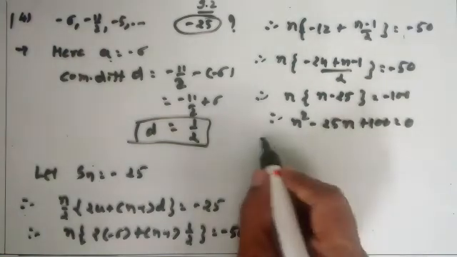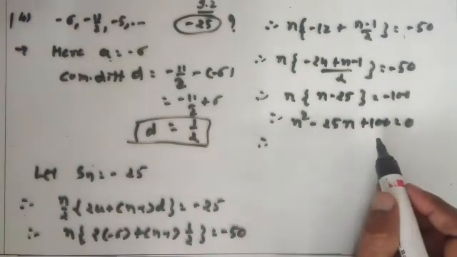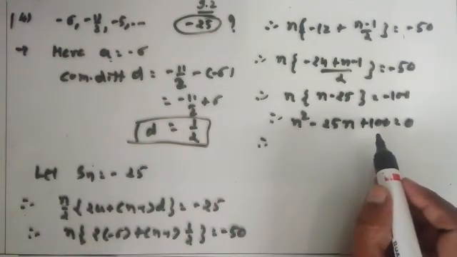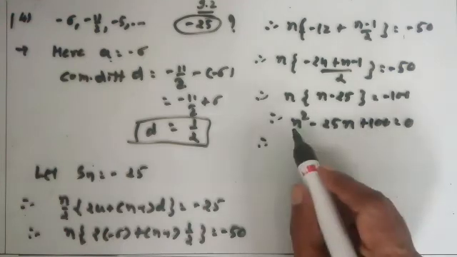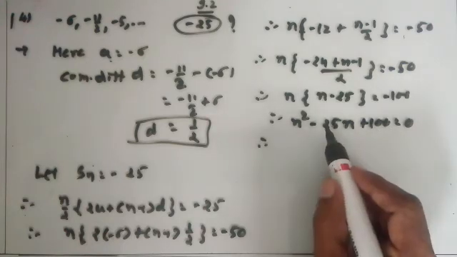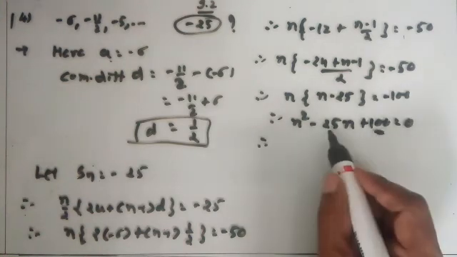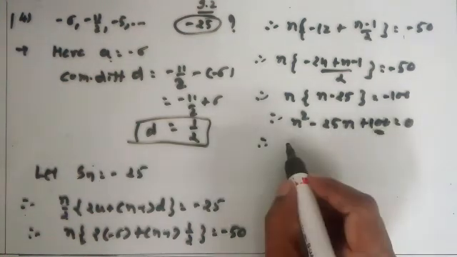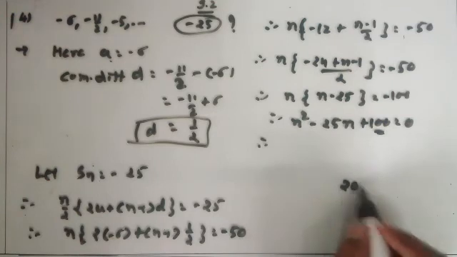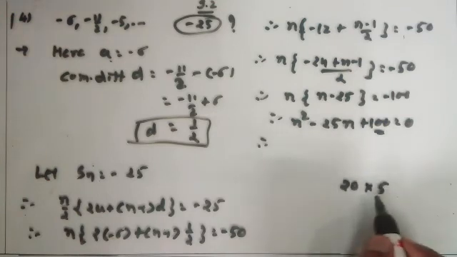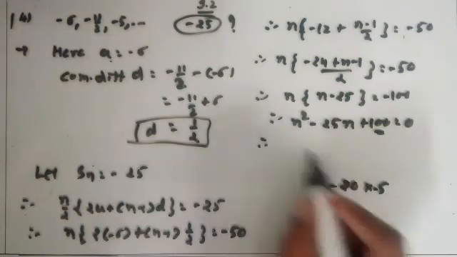to 0. Therefore now get the factors of n square minus 25n plus 100. Divide 100, both sum becomes minus 25. 20 into 5 becomes 100 and both negative.